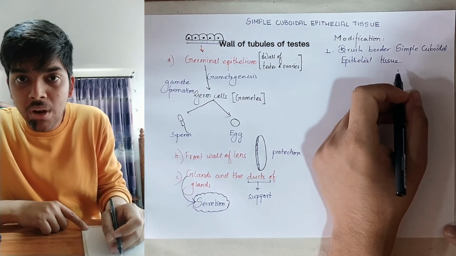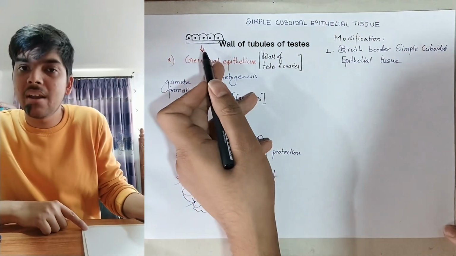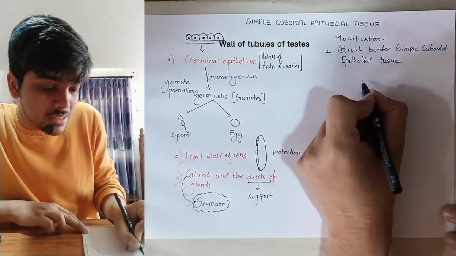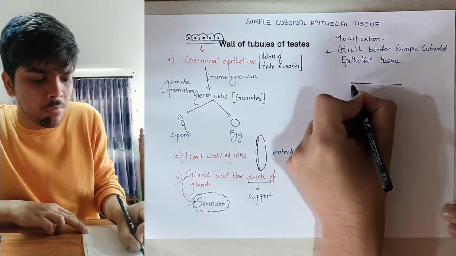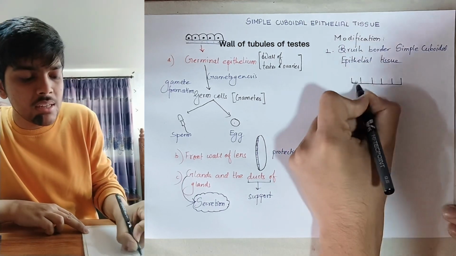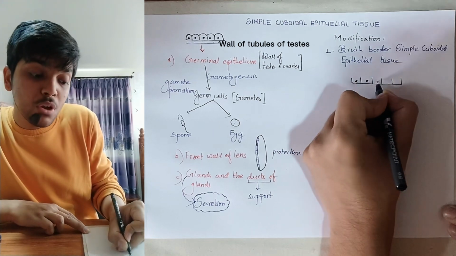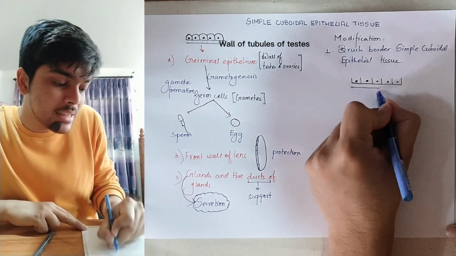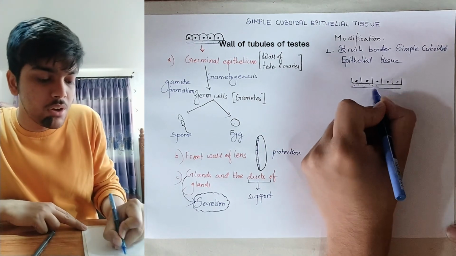What's simple cuboidal epithelium? This right here is simple cuboidal epithelium. So it's nothing but just that with a slight bit of modification. Here are your cube-like cells arranged in a single layer, because it's a simple cuboidal epithelium, lying on a basement membrane as every other epithelial tissue.